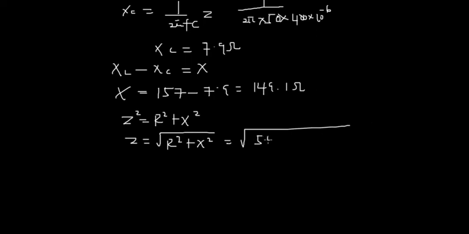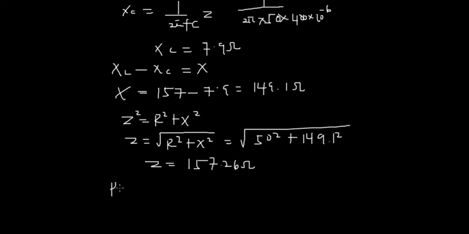So we have 50 squared plus 149.1 squared. So we now have our impedance, and when you compute this, you end up with 157.26 ohm.